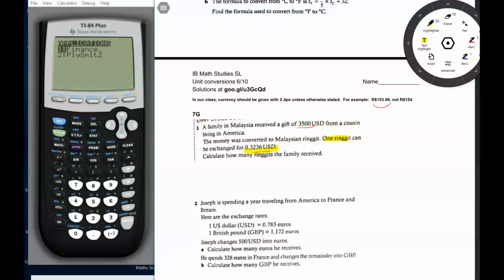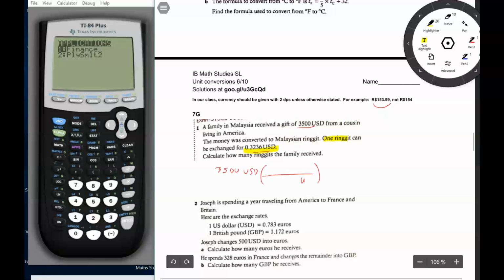So we start out with 3,500 US dollars, and we multiply times a domino with US dollars on the bottom and ringgit on top. And the 1 ringgit can be exchanged for 0.3236 US dollars.